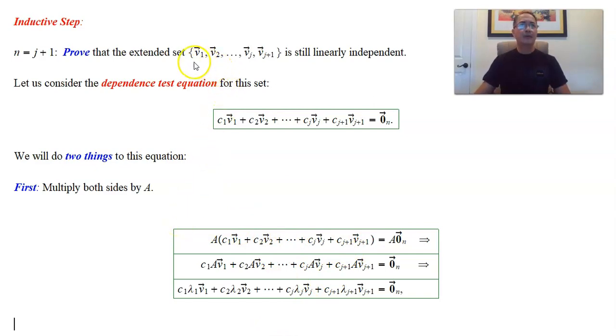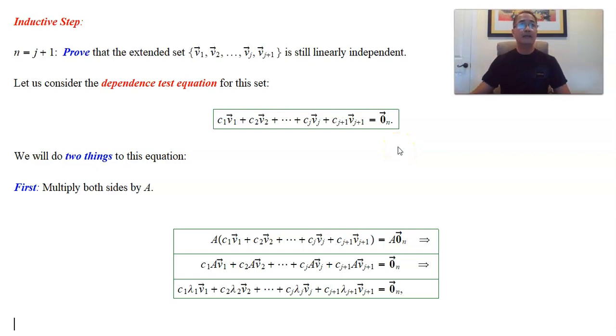Because we want to show that the set is linearly independent, we have to set up the dependence test equation. So the linear combination c1 v1 through c_{j+1} v_{j+1} has to be the zero vector.